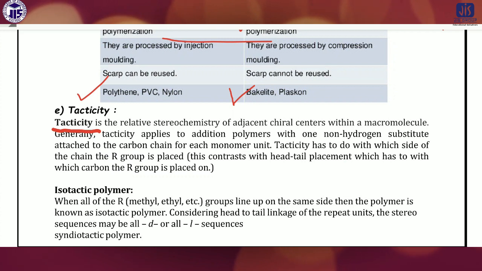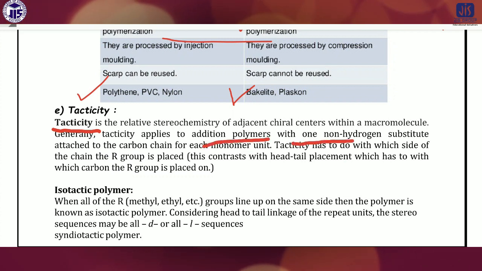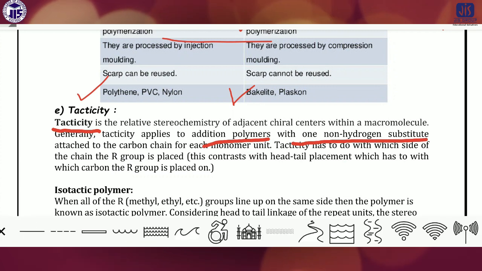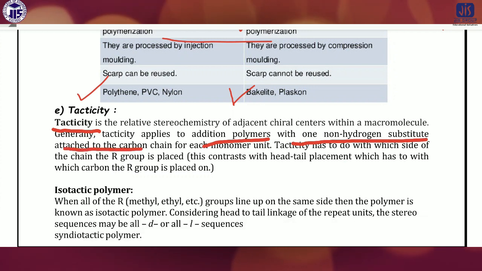Generally, tacticity applies to addition polymers with one non-hydrogen substituent attached to the carbon chain for each monomer unit. Tacticity has to do with which side of the chain the R group is present on. When I show you the examples, it will be more clear to all of you.